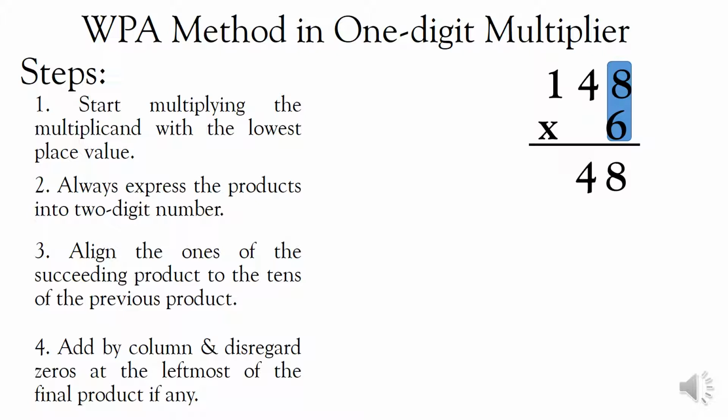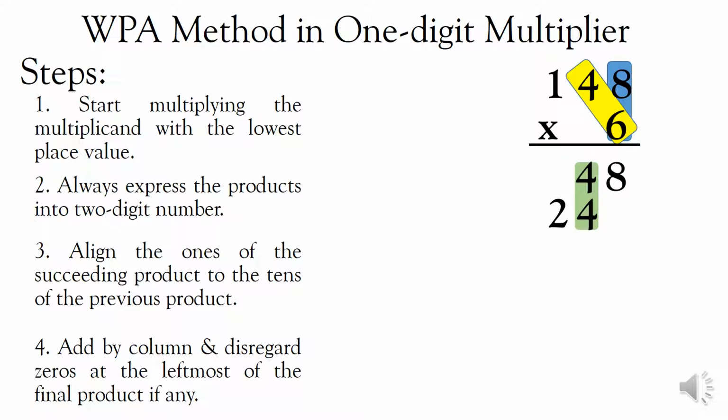Next digit to be multiplied by 6 is 4. Then we write 24, aligning the ones of 24, which is 4, to the tens of the previous product, 48, which is 4.